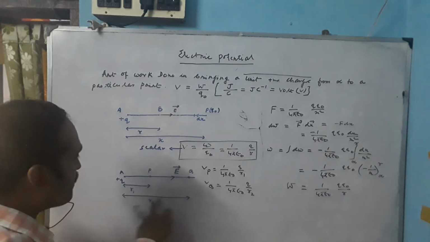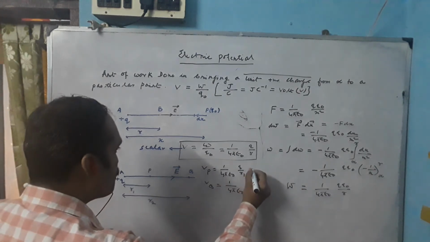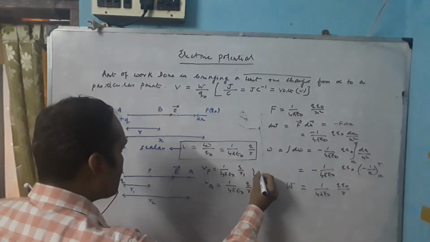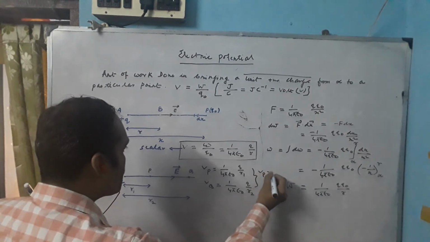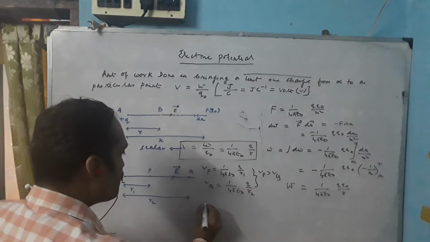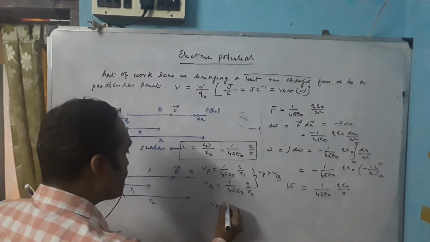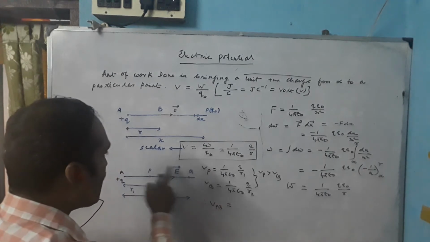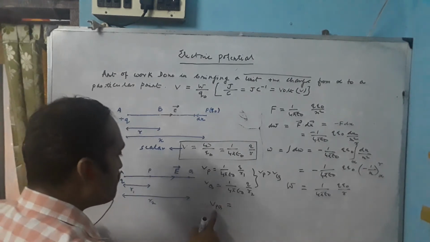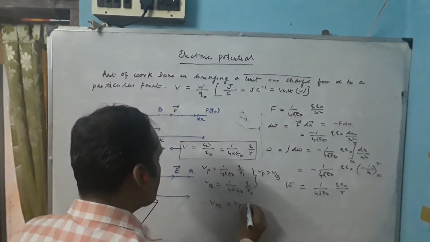From these two parameters, it is clear that R1 is less, so you can write Vp is greater than Vq. Therefore, can we then write the potential difference between the points P and Q as Vpq, which is equal to Vp minus Vq.